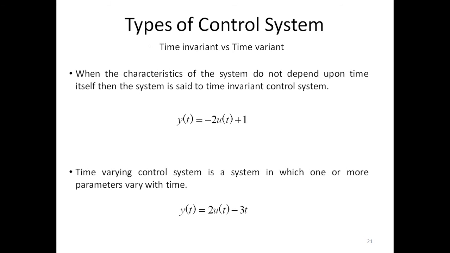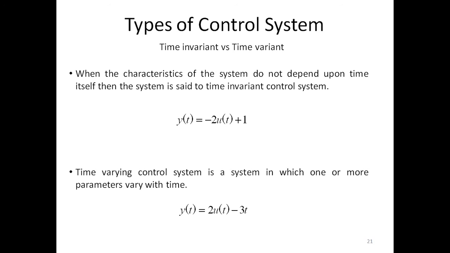Time invariant versus time variant. When the characteristics of the system do not depend upon time itself, then the system is said to be a time invariant control system. For example, y of t is equal to minus 2 u of t plus 1. Here it does not depend on time. So we can easily comment that this equation is nothing but a time invariant control system equation.